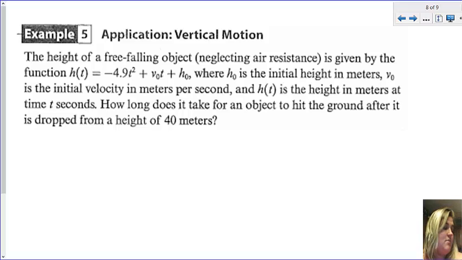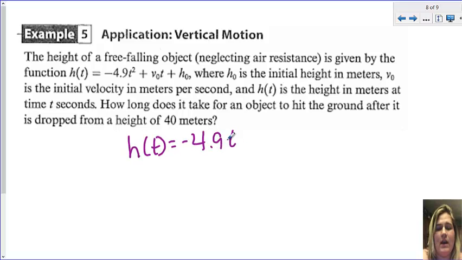is we need to start by rewriting the function that we're working with. We have h of t equals negative 4.9 t squared plus v naught t plus h naught. Okay, and we know it's being dropped from a height of 40 meters, so that's obviously going to go in for our h naught.